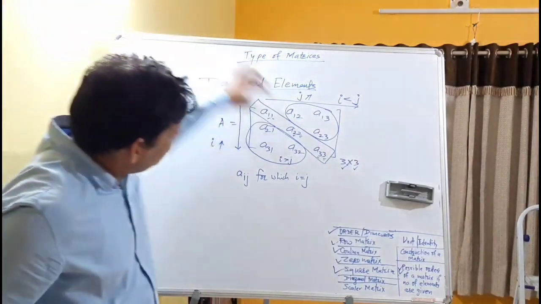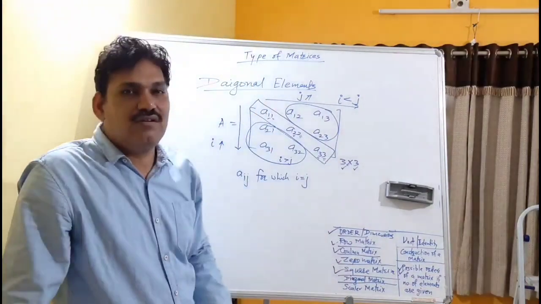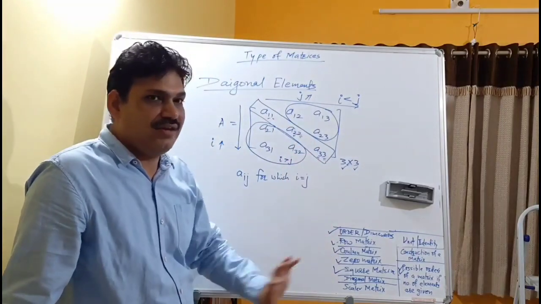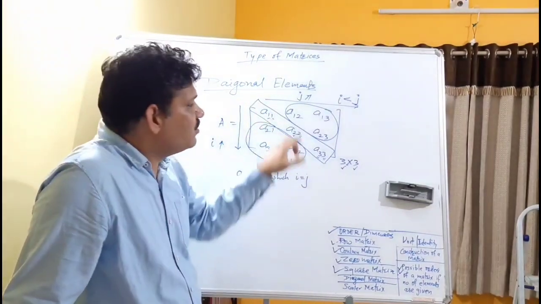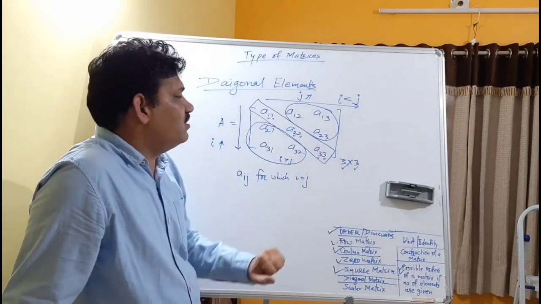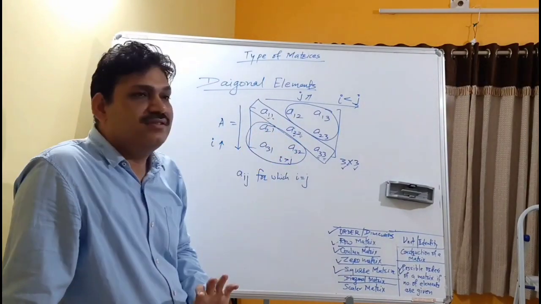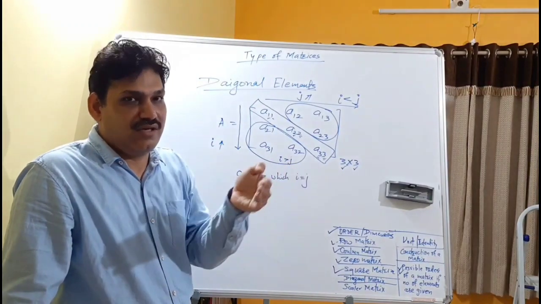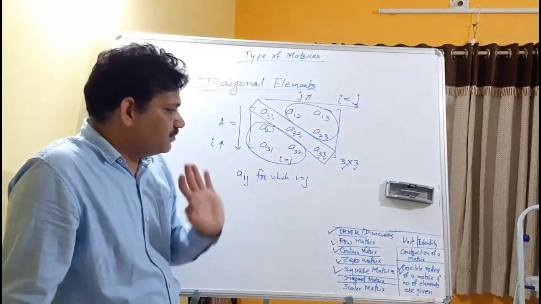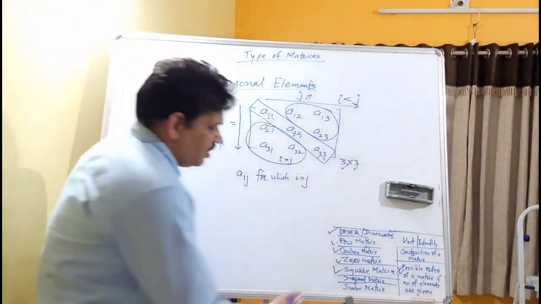See, in the diagonal, the row index is equal to the column index, that is 1, 1, 2, 2, 3, 3 likewise. But for upper elements, you have i is less than j, and here you have i is greater than j. We will talk about upper triangular matrix and lower triangular matrix also. So, now we must go for diagonal matrix.